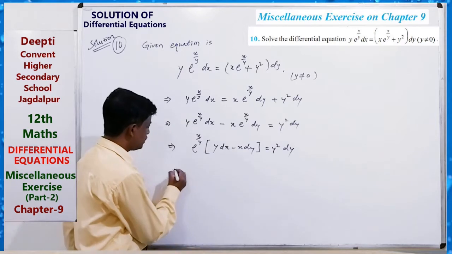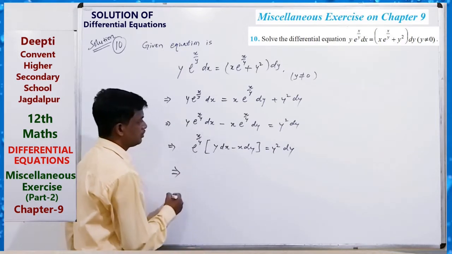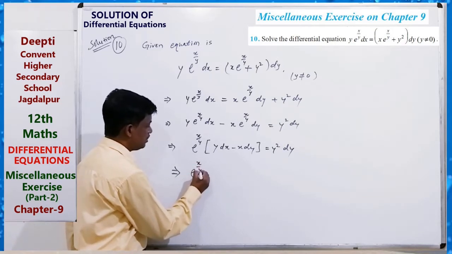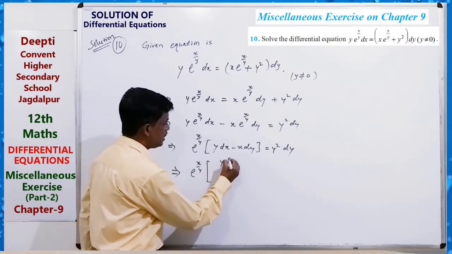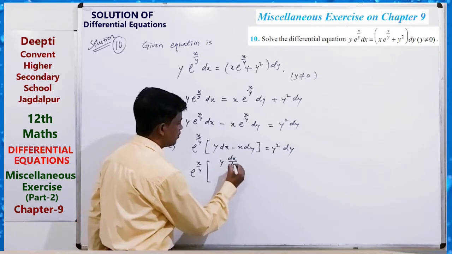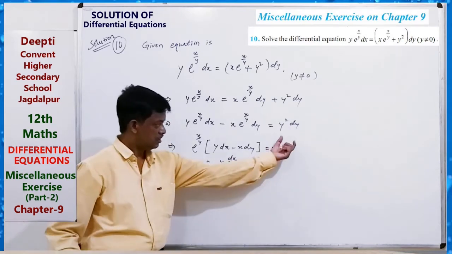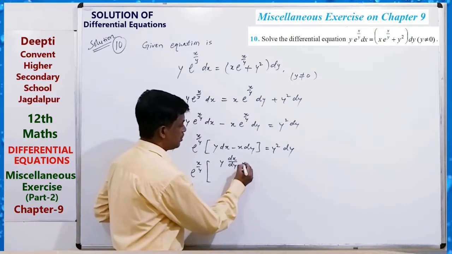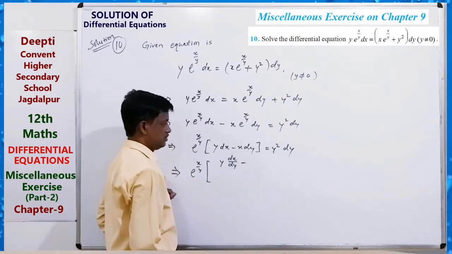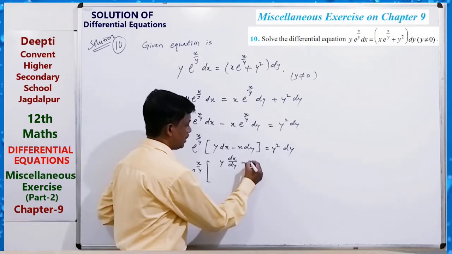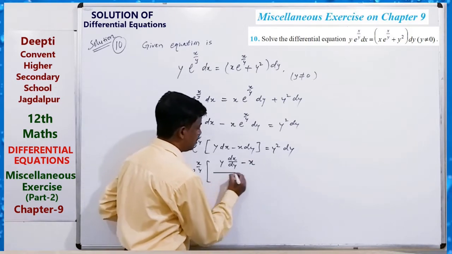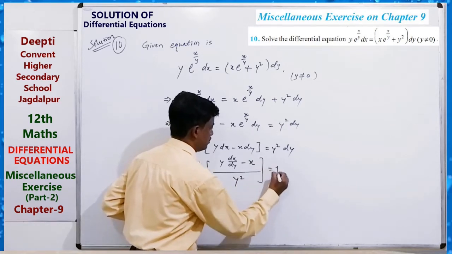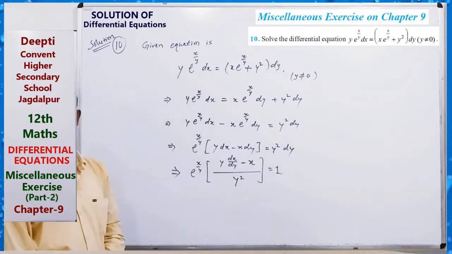This can also be written as e to the power x by y times dx by dy minus x upon y square equals 1. We can write like this.